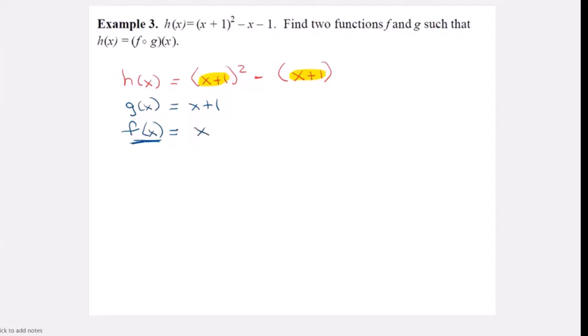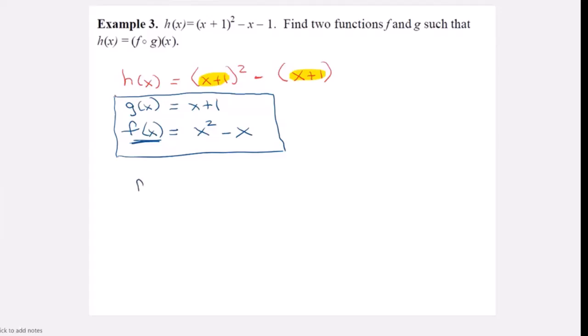So I would have x squared minus x. This would be the solution. And I know that it's not that easy to see. There is another solution. If you find another solution and you think you're right, do what I'm about to do, check it.